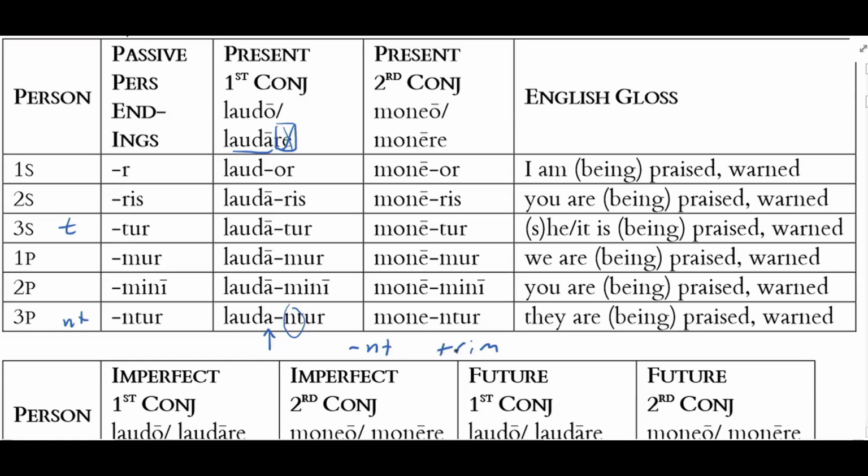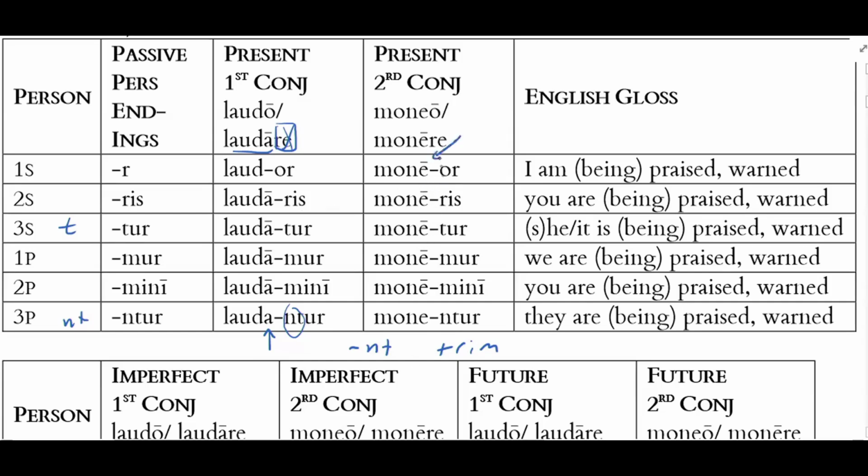The personal endings have to be at the end of the word. But NT can be at the end or in the middle of the word, but a vowel before it is short if it's normally long.